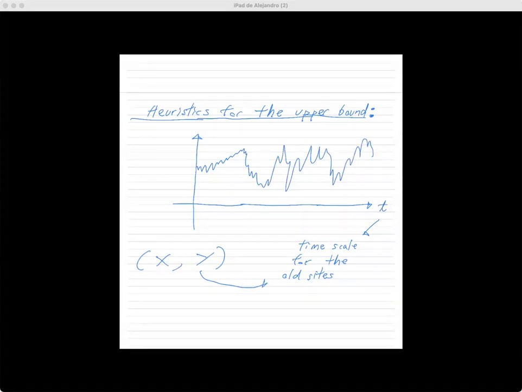But what we did is that we look at special intervals of time, let me call it S plus R, where the movement of the coordinate is not very large.